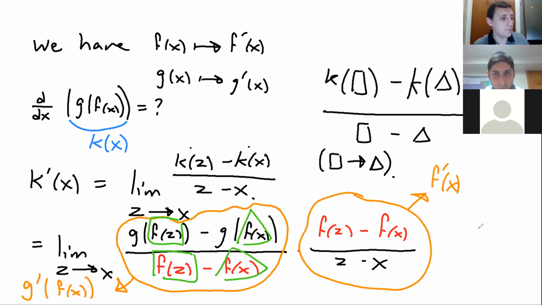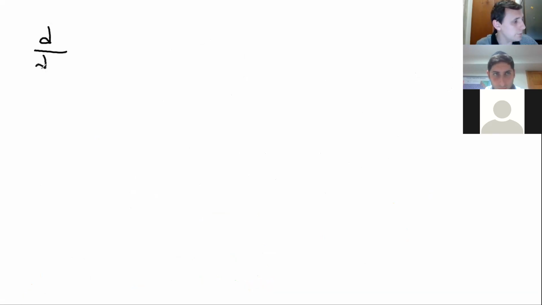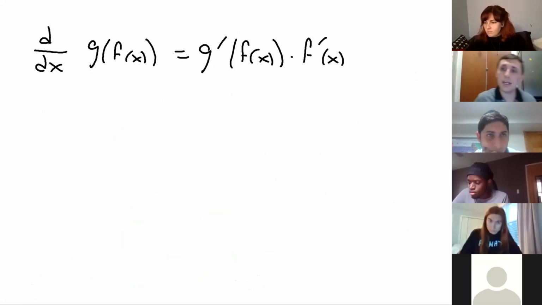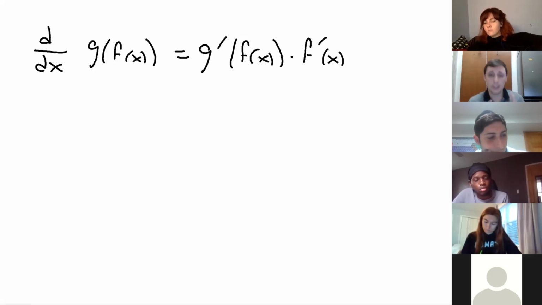And here we have then the product. Do you understand what we just verified? We just verified that the derivative of g of f of x is the derivative of g in its belly, f of x, multiplied by the derivative of f. You see how we verified it, guys? Why the multiplication happened here? Because we can unravel the definition of the derivative and recognize the definition of the derivative of g at a point f of x and the definition of the derivative of f at the point x.